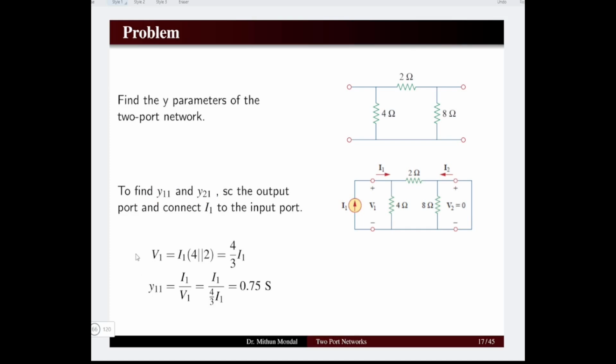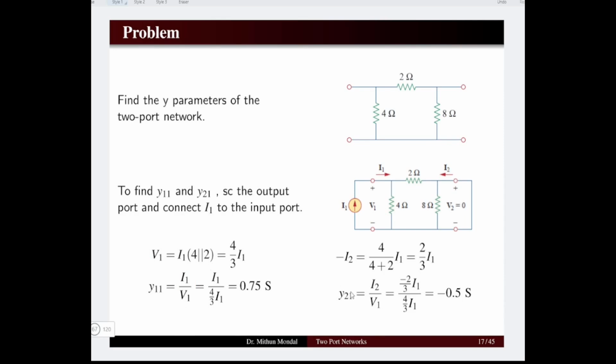So obtaining V1 from the input side, we find that it is 4 by 3 I1, and Y11 is nothing but the current at the input port divided by the voltage at the input port with V2 equal to 0, which comes to be 0.75 Siemens. So we are getting this from the first equation.